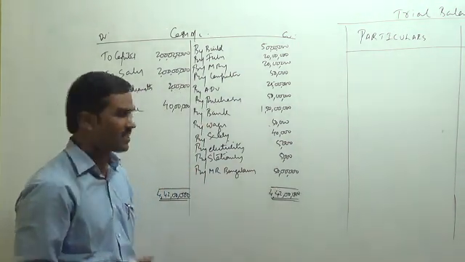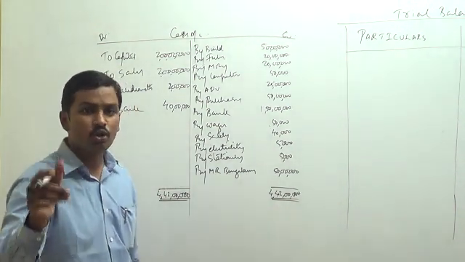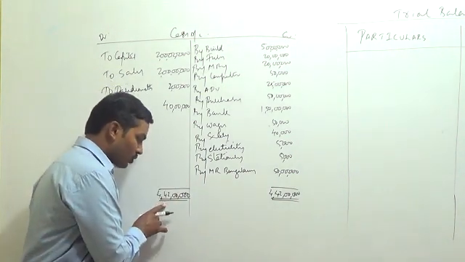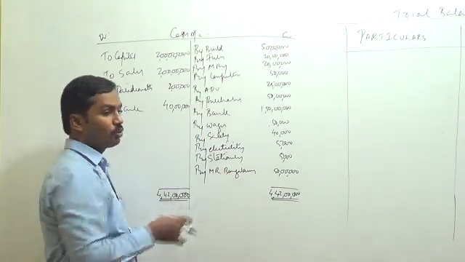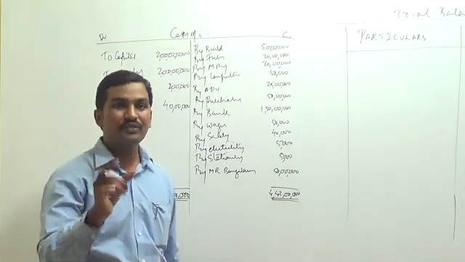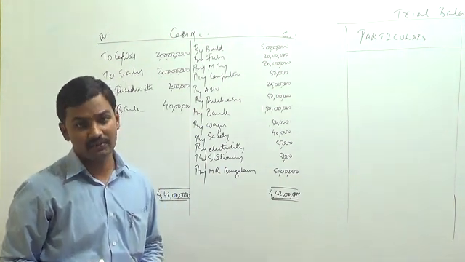I have to find the difference between the total of the higher side and the total of the lower side. The total of the higher side is 4 crores 42 lakhs and, as I told you, the total of the lower side is 3 crores 66 lakhs 50,000. The difference is 75 lakhs 50,000.